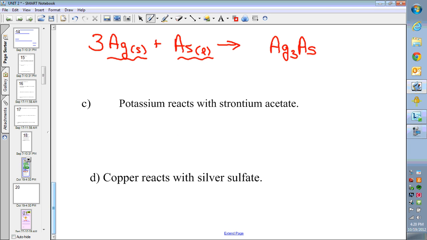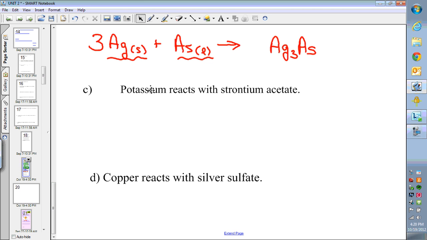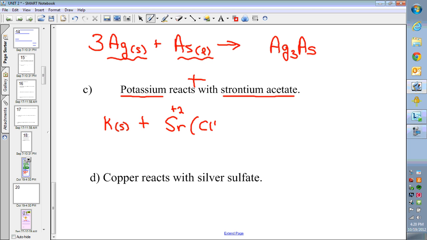All right, 2 more. So potassium reacts with strontium acetate. So we have an element reacts with a compound. Whenever we had an element and a compound react, we called it a single replacement reaction. So potassium as a solid reacts with strontium, which is +2, and acetate, which is CH3COO.